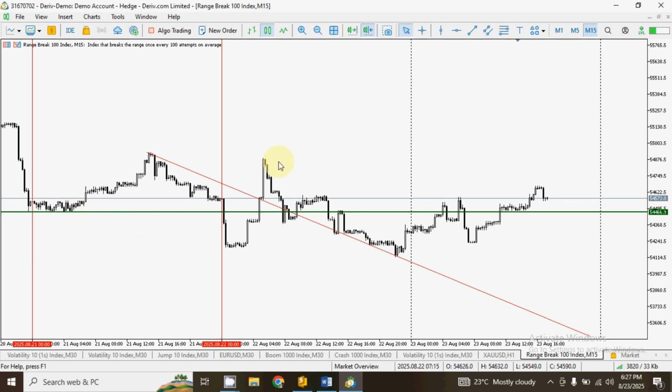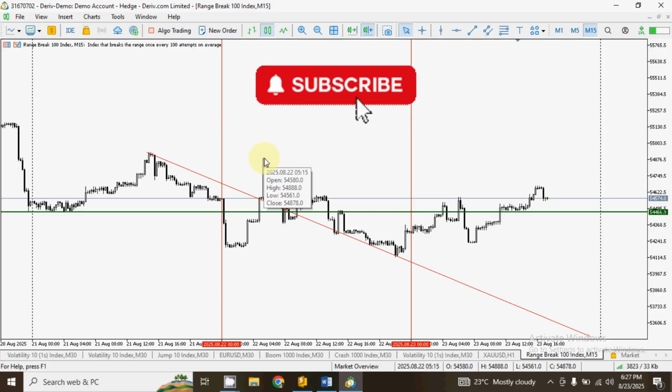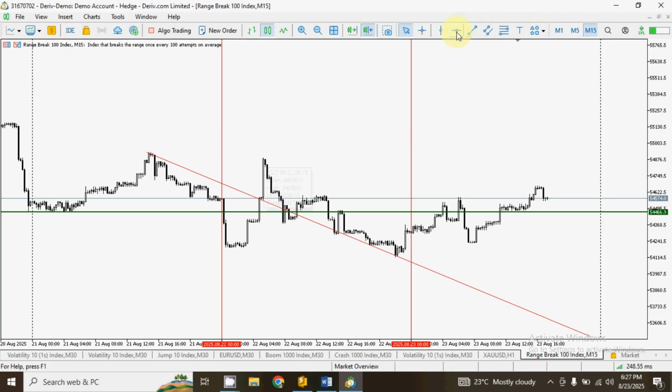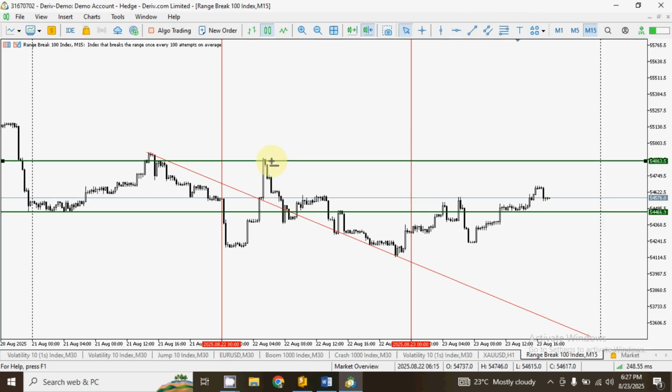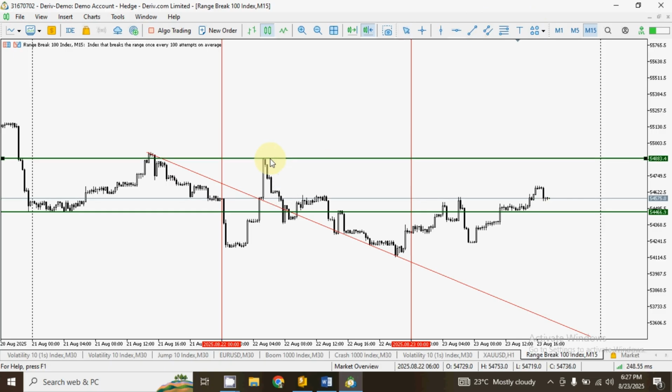You are going to look for the highest market price for yesterday, which is between these two vertical lines, this particular place. This is the highest market price for yesterday. You are going to place another horizontal line on that market price.